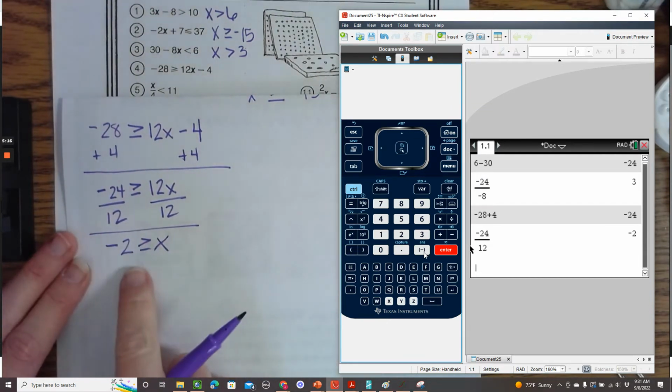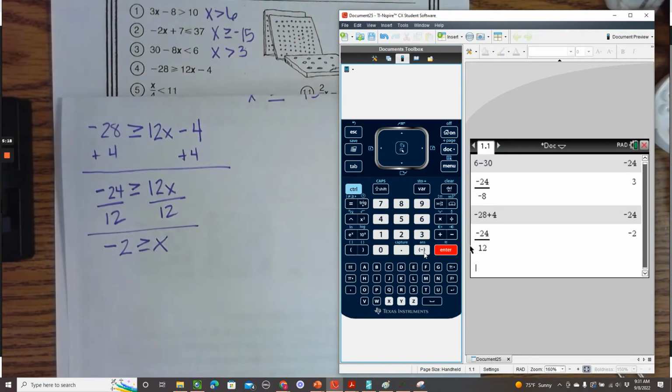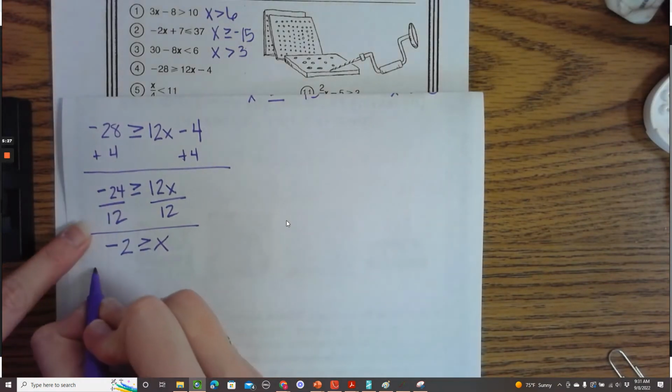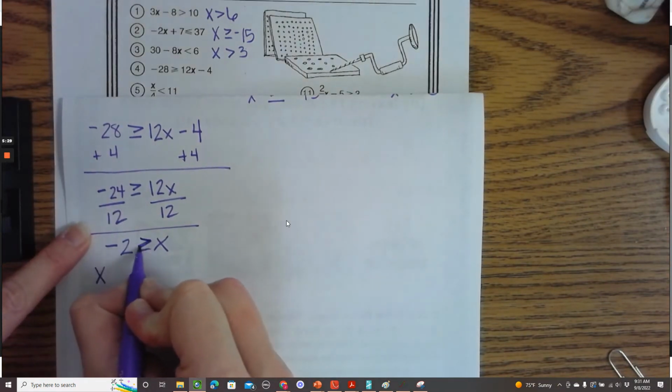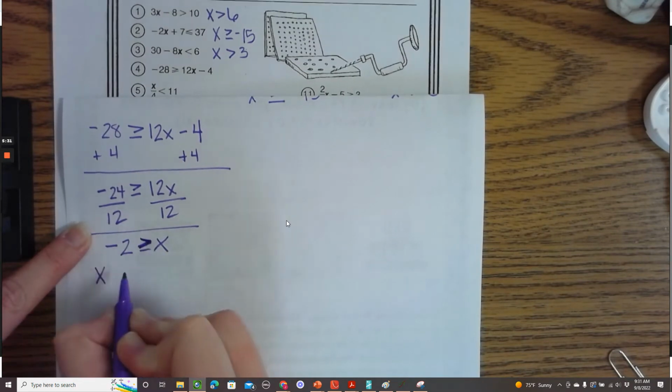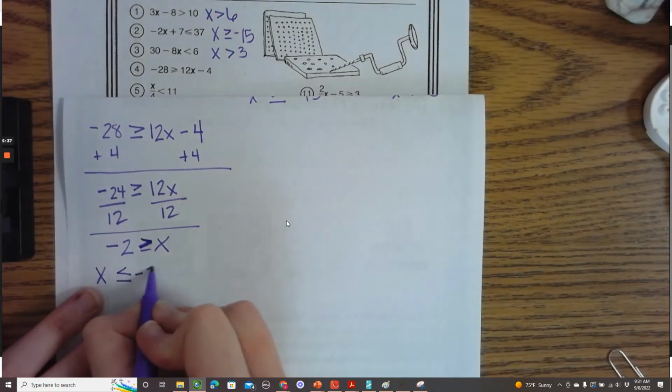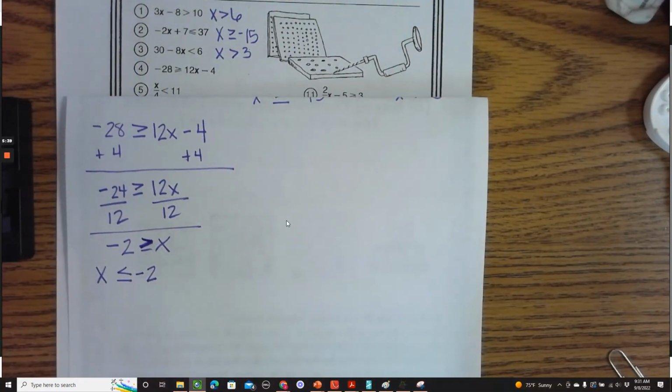Now, are any of the inequality answers at the bottom written with the number coming first? No. So, you always want the x to come first. So see how the point points towards the x? It has to keep pointing towards the x. You flip the whole sign. But everything flips.